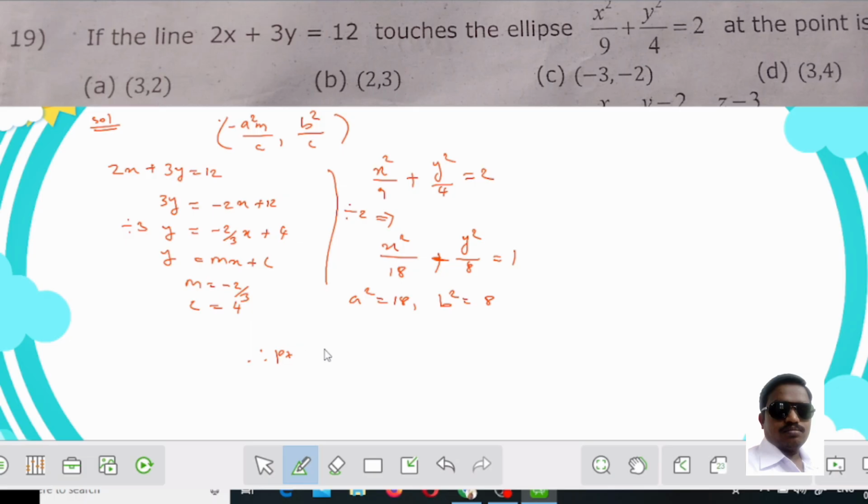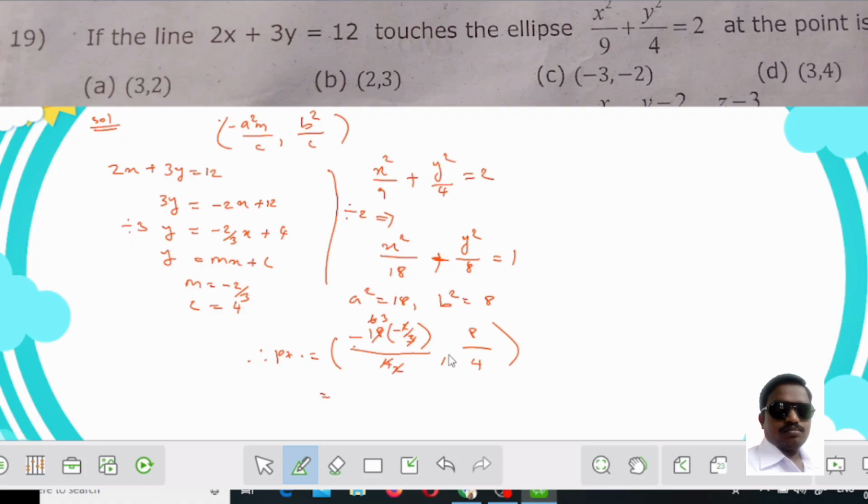Therefore, the point of contact is -a², which is -18, into m value, which is -2/3, divided by c, which is 4. And b²/c: b² is 8, the value of c is 4. 6 3s are 18, 2 2s are 4. 2 3s are 6.